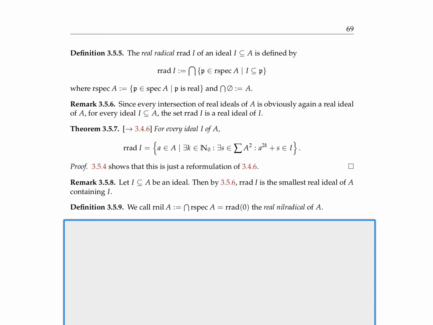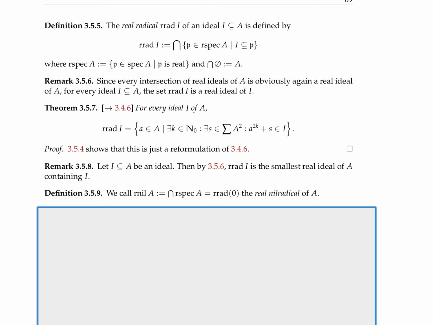Okay, so we could also introduce the real nil radical of A. Maybe you know the classical nil radical of a ring, which would usually be noted like this, or sometimes people denote it like this, with a capital N. So this would be the intersection over all P in spec A, the intersection over all prime ideals.